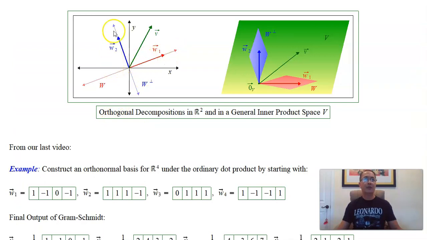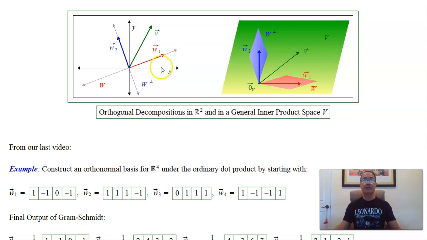Okay, so this is what it looks like in R2. If you have a line and its perpendicular line goes through the origin, then the orthogonal decomposition of a random vector is just like your right triangle vector diagram. Try to make a right triangle with the sides parallel to W and its complement.